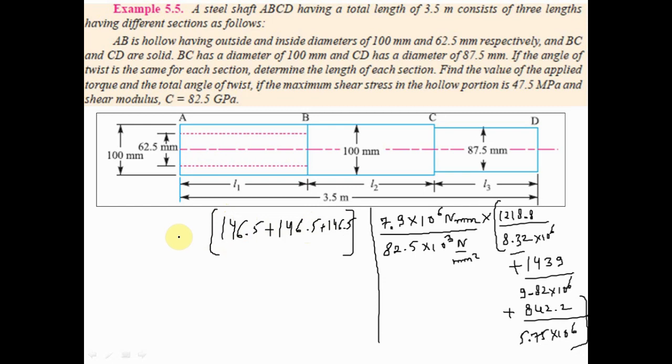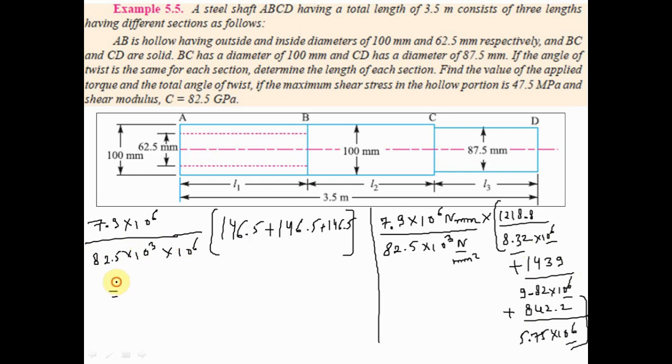Outside we have 7.9 times 10 to the power 6 whole upon 82.5 times 10 to the power 3, and I have taken 10 to the power 6 outside. This 10 to the power 6 was common for all three, so I have taken it outside. Now let us solve this ratio.